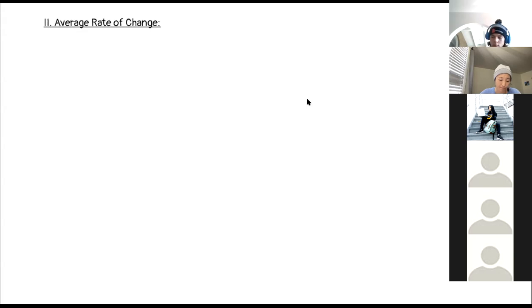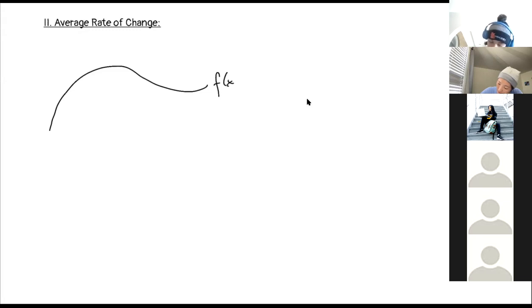Okay. So for average rate of change, let's just draw part of a function. Let's say we had a function that looked like this, and we can call this f of x. I'm purposely not putting it on a grid because it could be anywhere on the XY plane and it would still be okay.